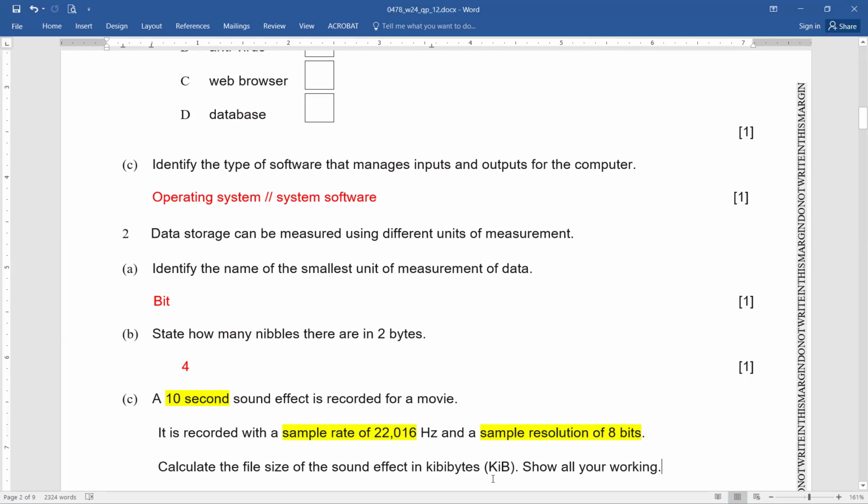Now the question says to convert it into kilobytes. So since the answer is coming in bits, I'll be dividing it by 8 to convert it to bytes. And the answer will further be divided by 1024 to convert it to kilobytes. I think this is what we already know.